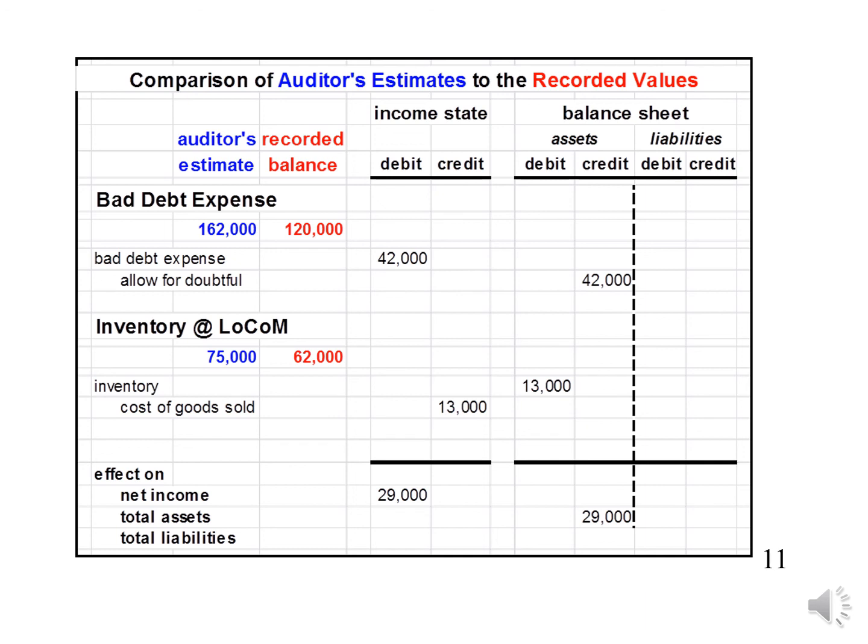I understand management is biased. But if all 10 of my estimates would reduce their net income, then I start to become suspicious that management is overly aggressive. I'm going to create some type of chart like this, comparing my estimates with their estimates. I can't usually say they're wrong. Can I say the estimate's wrong? Is it reasonable? If it's reasonable, I pretty much have to accept it.